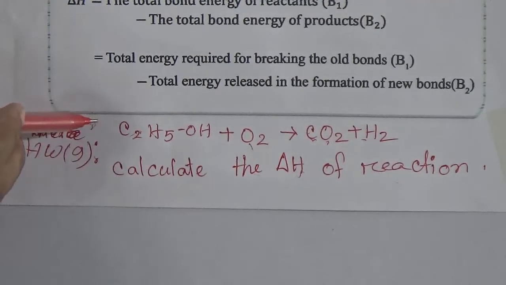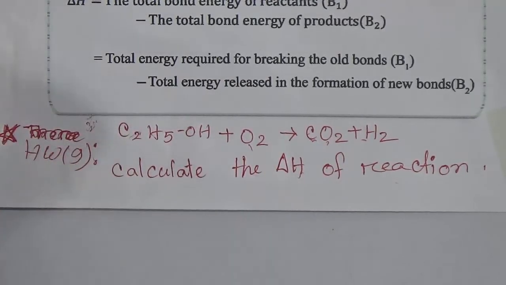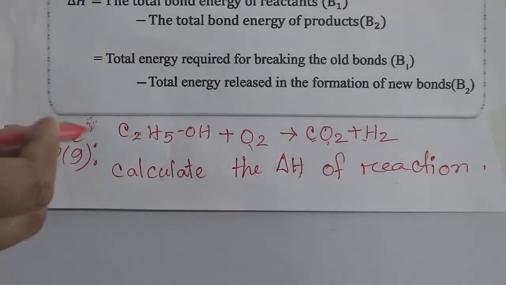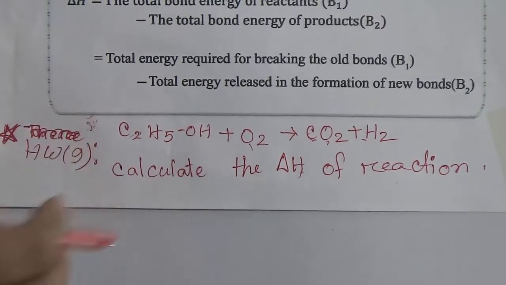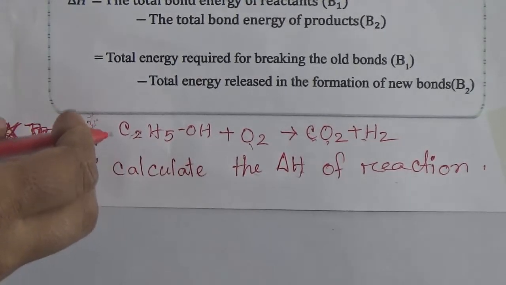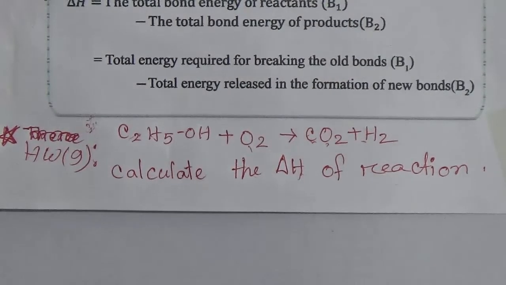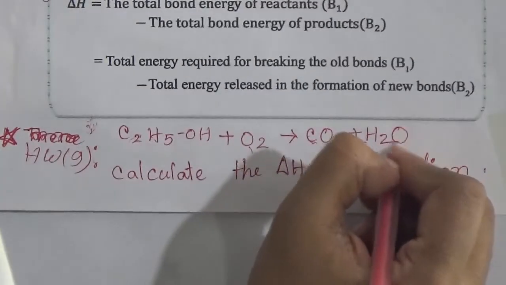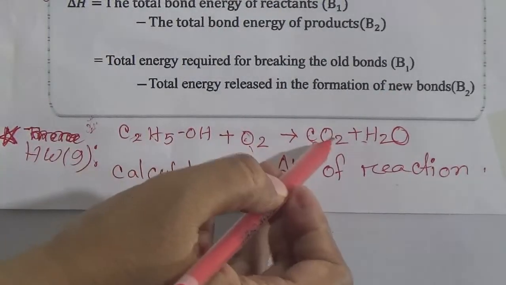You have to first balance it and make it a chemical equation, then you can collect the del H value. Without balancing both sides of the chemical reaction, you can't find out the del H value. First you have to balance both sides, then you can find out the del H value. Dear student, it will be water, sorry for that. That means ethanol reacts with oxygen and produces carbon dioxide and water.